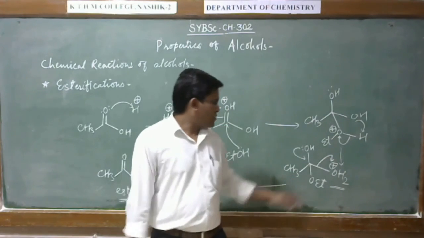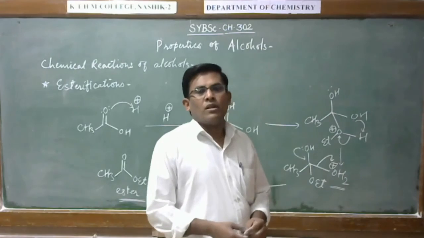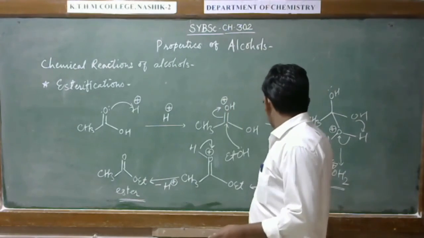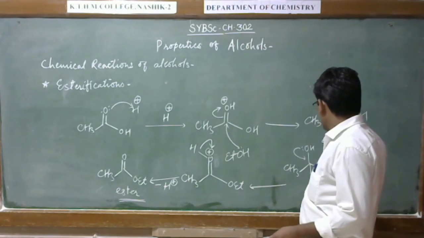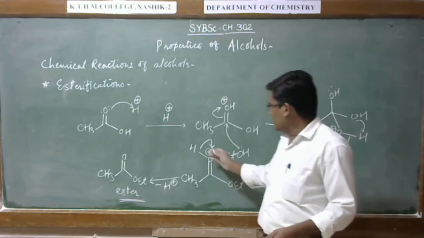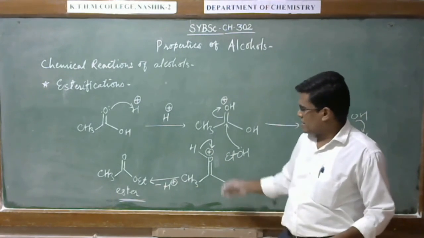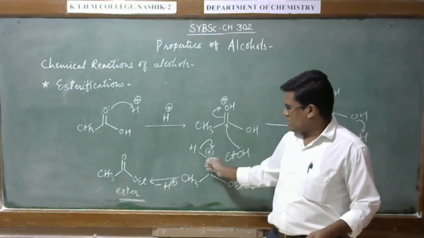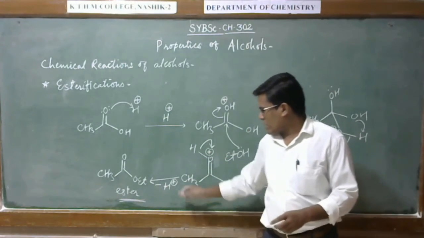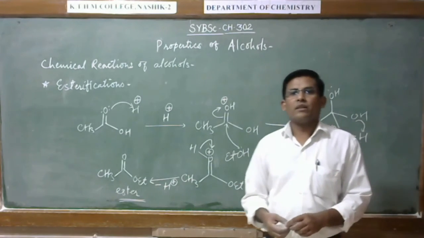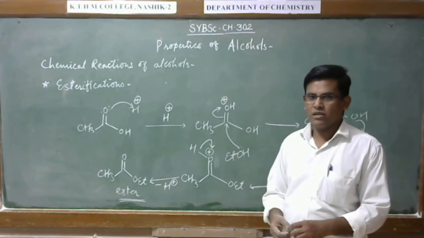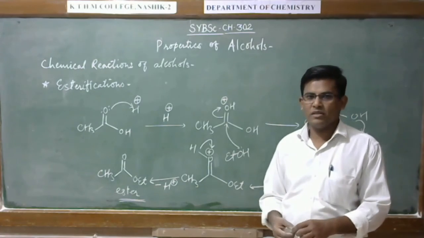This OH2, that is H2O, is a good leaving group, so it will leave and form this oxonium ion, and in the end there is elimination of this proton H plus to give the corresponding ester. This is how the mechanism is.